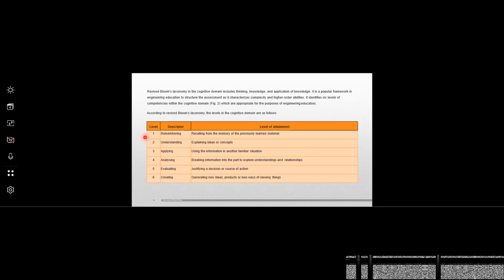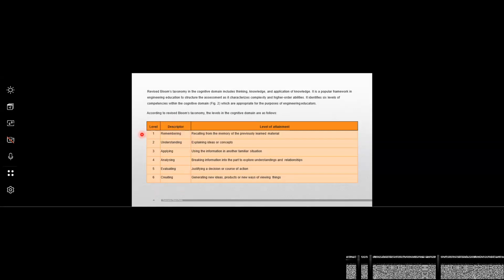As I said, we have 6 parameters. 1 is very easy and 6 is difficult. So if you see a question paper for a semester examination, all these 6 levels of Bloom's taxonomy are to be incorporated in the examination paper.